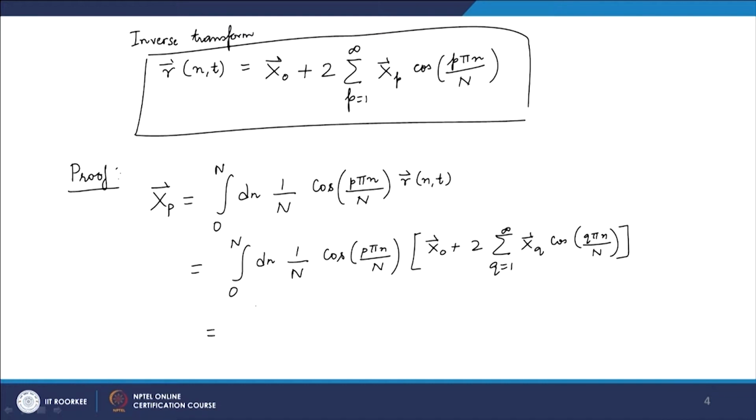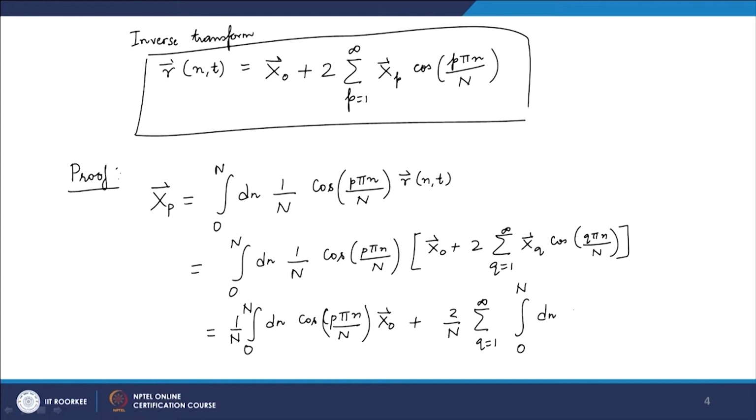So, we get the first term becomes... and the second term... this I am going to replace using the rule that we have discussed earlier, cos a plus b plus cos a minus b by 2.